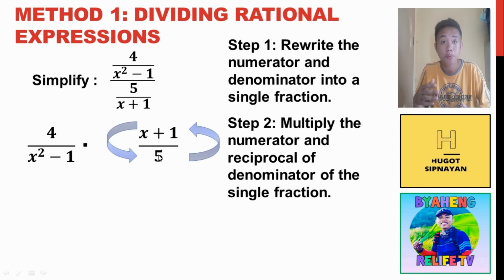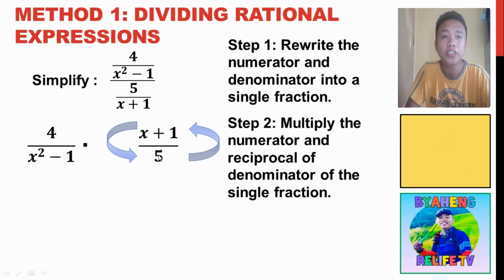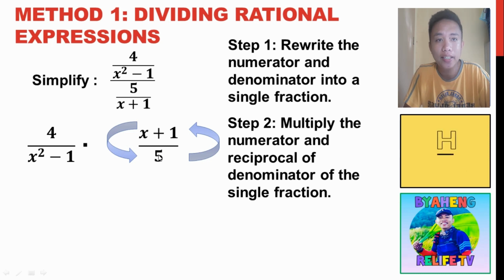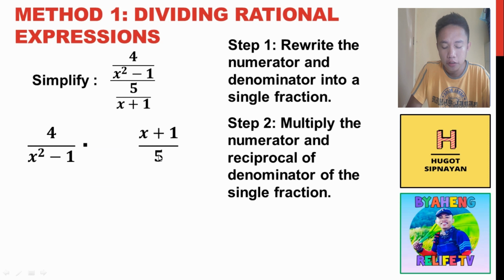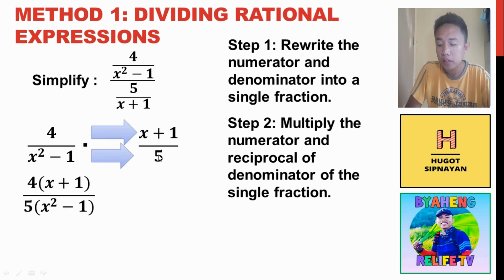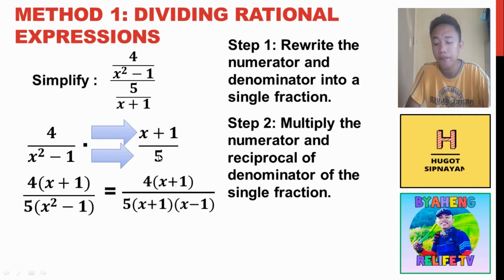Now, proceeding to multiplication, kailangan natin siyang i-factor out para makancel natin yung mga common factor. Multiplying, we come up with 4 times x plus 1 all over 5 quantity x squared minus 1. Ngayon, factorin natin siya.